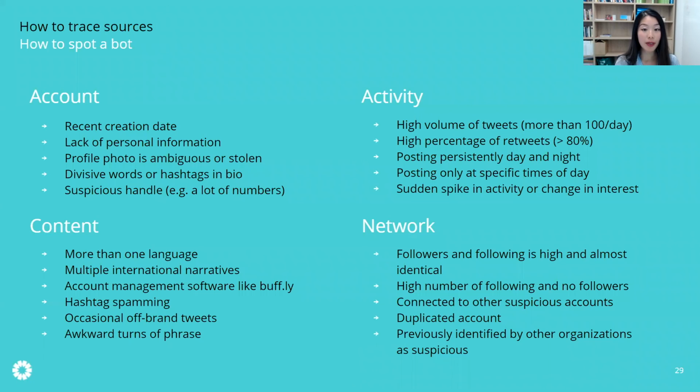But again, we have to have a number of these items to even consider whether it's an automated account, and not just pick one of these and say, oh, this account is not genuine, because that would not be a good conclusion for our research.